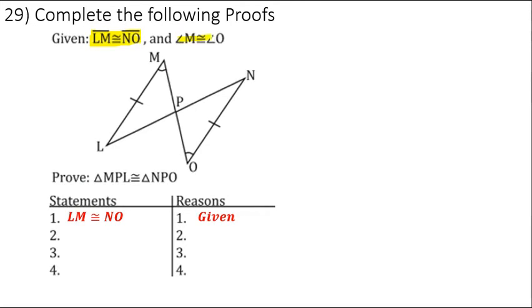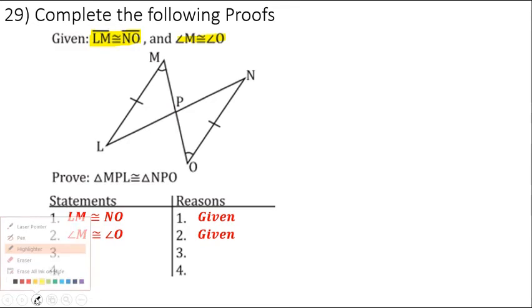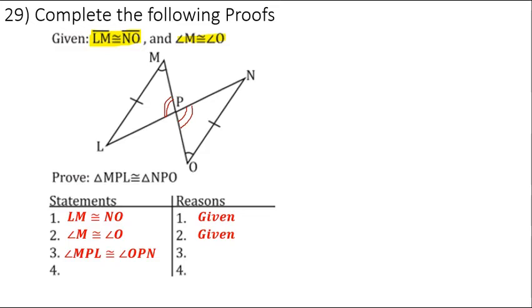It also says angle M is congruent to angle O. That's also given. Another thing you notice, look at the picture here. These two angles right here are congruent because they're vertical angles. So you say here, angle MPL and angle OPN are congruent to each other because they're vertical angles.